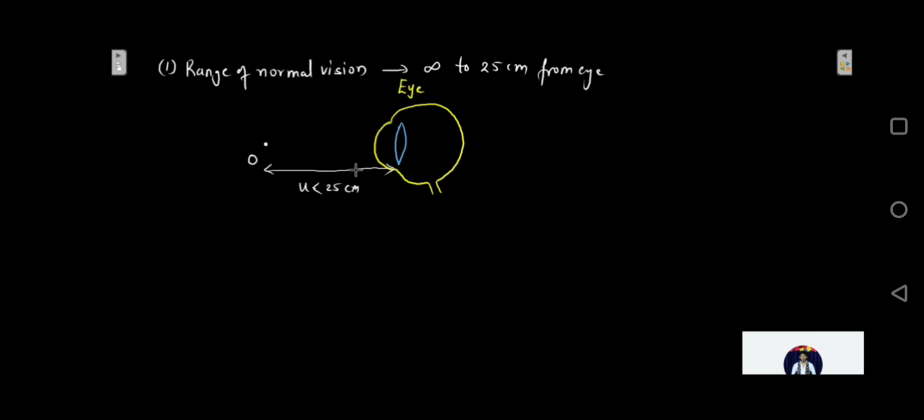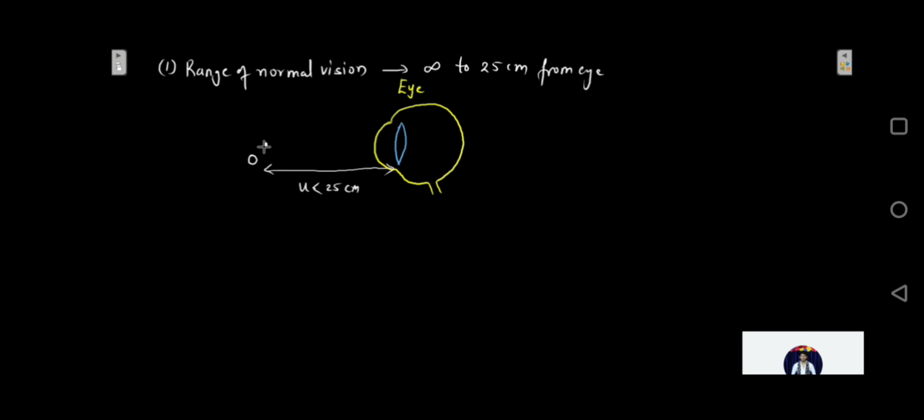The bulging property of the eye lens is limited, so it won't be bulging out anymore. In the previous case we saw, to see a nearby object the ciliary muscles get contracted and the eye lens gets bulged out, so it would bulge out to the maximum capacity.